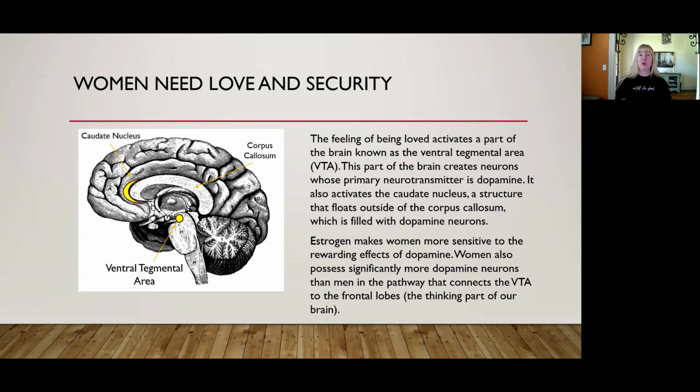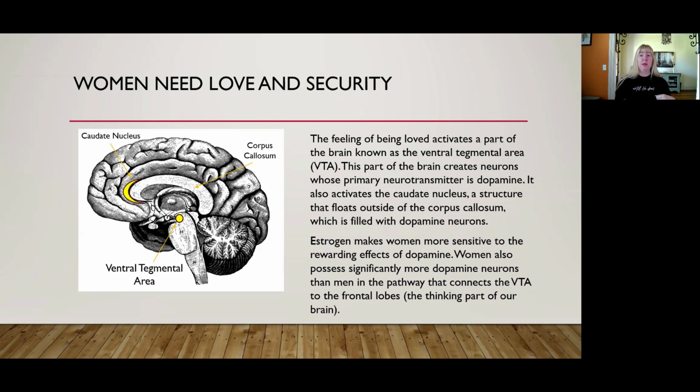So women have more, just like oxytocin, women have more of it, and estrogen makes them more sensitive to it. So that pathway that connects to the VTA gets activated when she feels loved. And when she feels loved, it gives her dopamine hits.